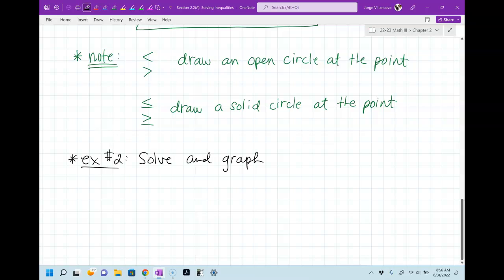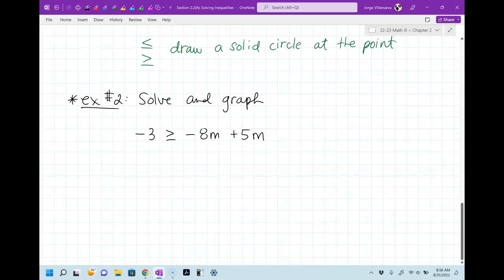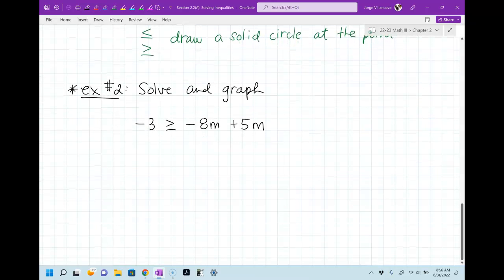So it's negative 3 greater than or equal to negative 8m plus 5m. So I guess this one's easier than the one that we just did. Kind of. It's a lot shorter. But it's just going to help me reiterate something.